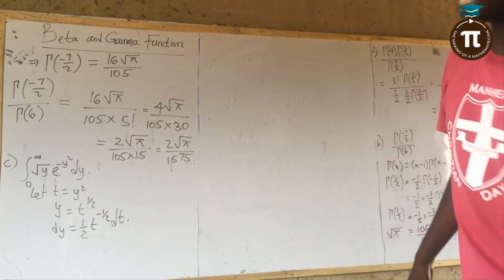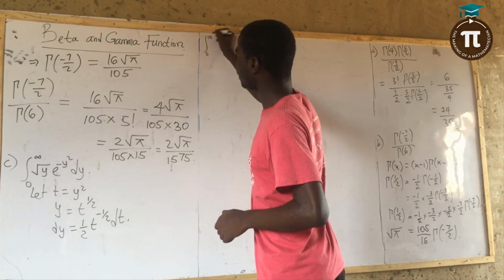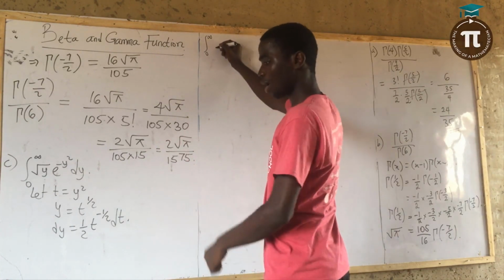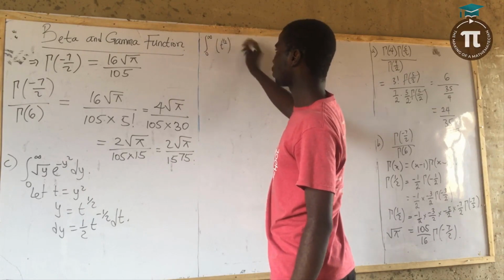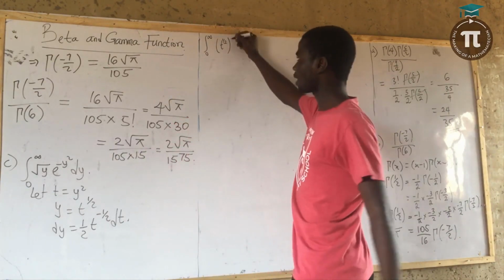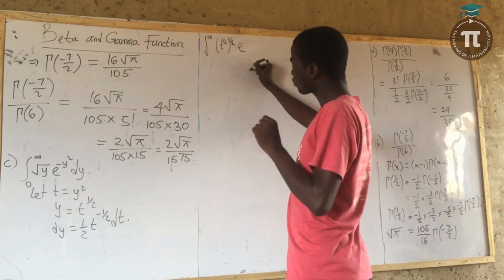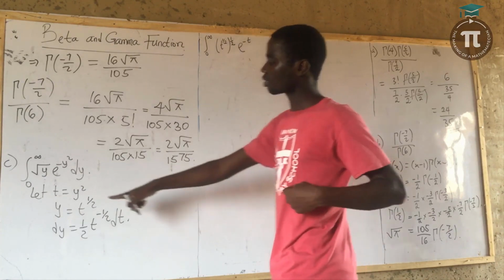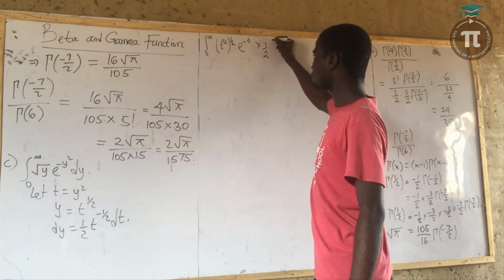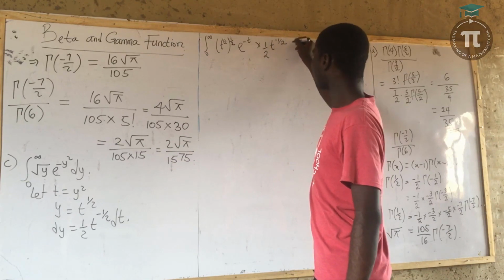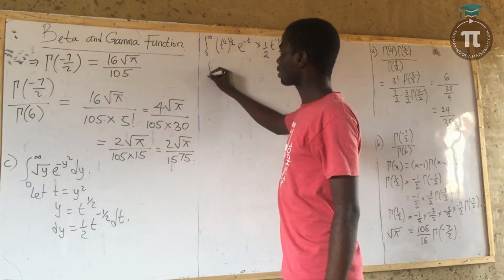So when y is 0, t is 0. When y is infinity, t will also be infinity. So I have integral from 0 to infinity. Y is t raised to the power 1 over 2, so I will have t raised to the power 1 over 2, then the square root that is there before is raised to another power of 1 over 2. E raised to the power of minus t, because y squared is now t, multiplied by 1 over 2 t raised to the power of minus 1 over 2 dt.